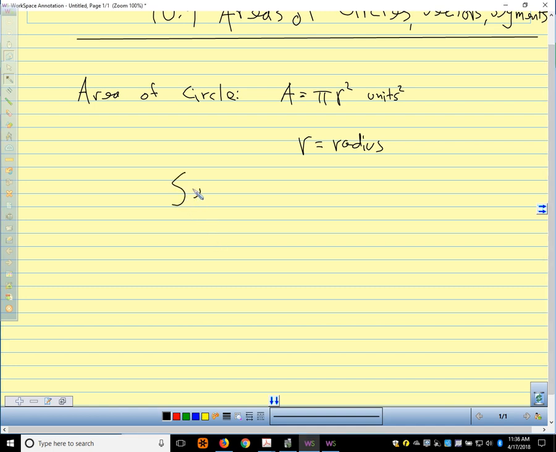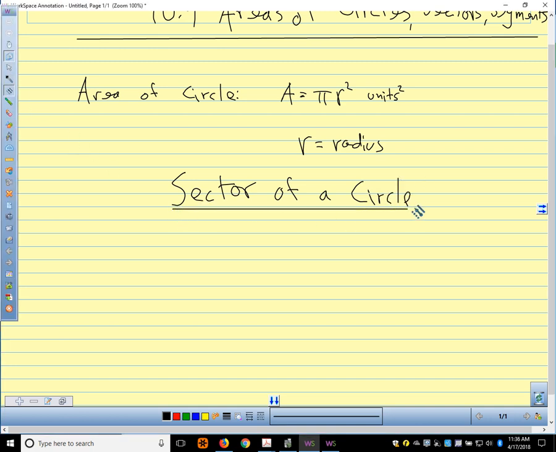The next thing we need to know is what is a sector of a circle. Well, we can think of a sector as a slice of pizza. So there's my circle. I'm going to take a chunk out of that circle.